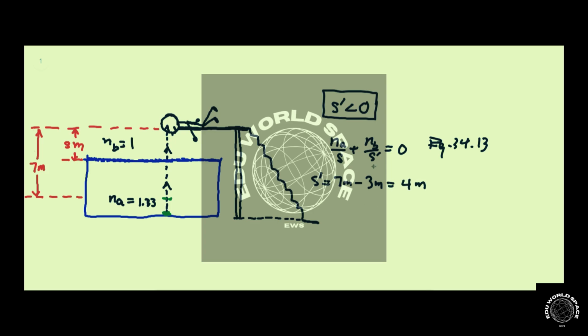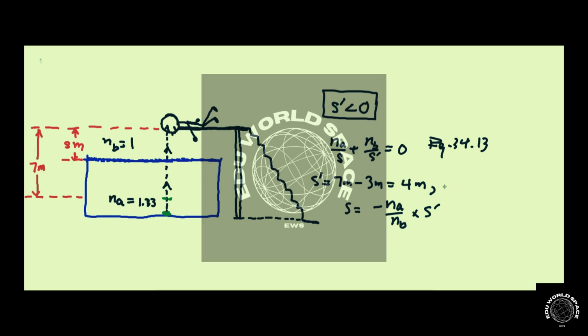So now we have everything that we need. We only have one unknown, which is S. If we rearrange this equation, we find that S is equal to minus Na over Nb times S prime. Now, I wrote 4 meters here, but I need to be careful, because I said S prime is negative.